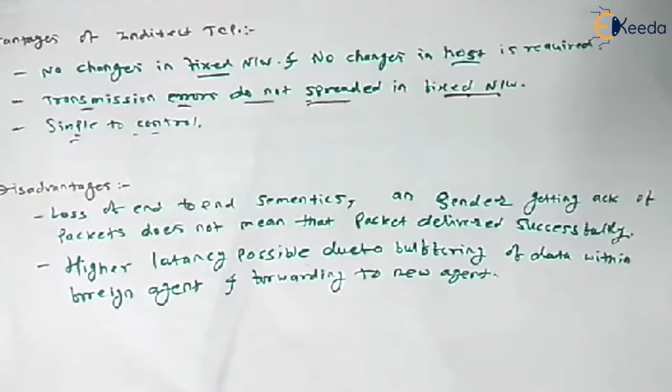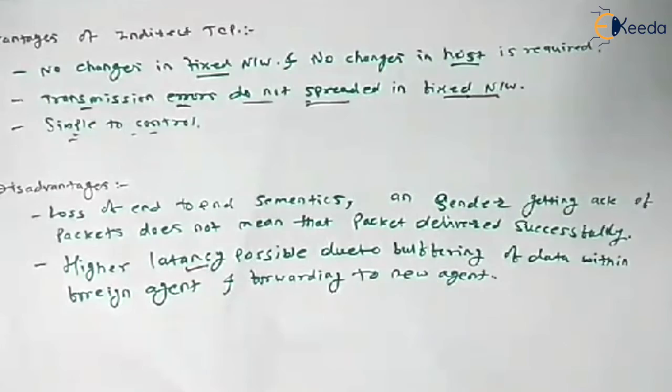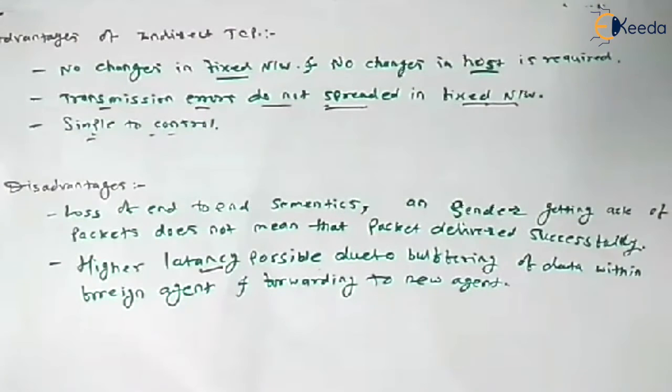When information is received, the foreign agent will store it temporarily in the respective buffer, and when the receiver is ready to receive the information, the foreign agent will take it out of the buffer and send it to the receiver. But it will need more time, and because of that latency is possible. These are the two disadvantages of indirect TCP. Thank you.